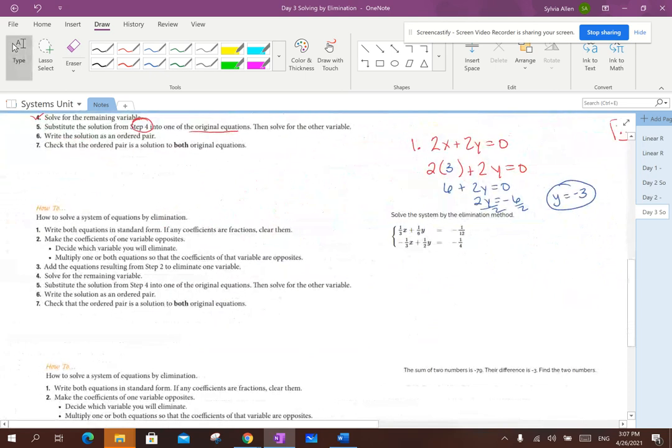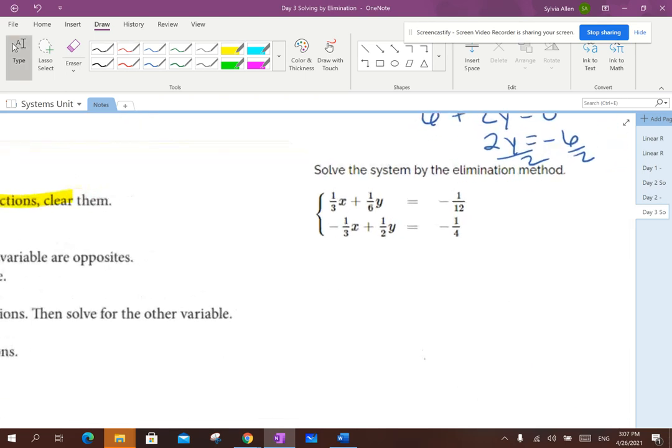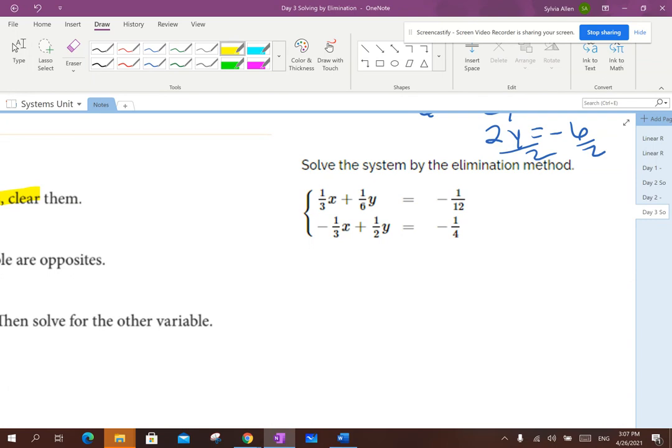Okay, let's take a look at the next one. Notice that this one's a little different. We have it written in almost standard form, except we've got fractions, so we need to clear them. When you are dealing with fractions and you want to get rid of them, find your denominators and find the smallest number that they will all go into.